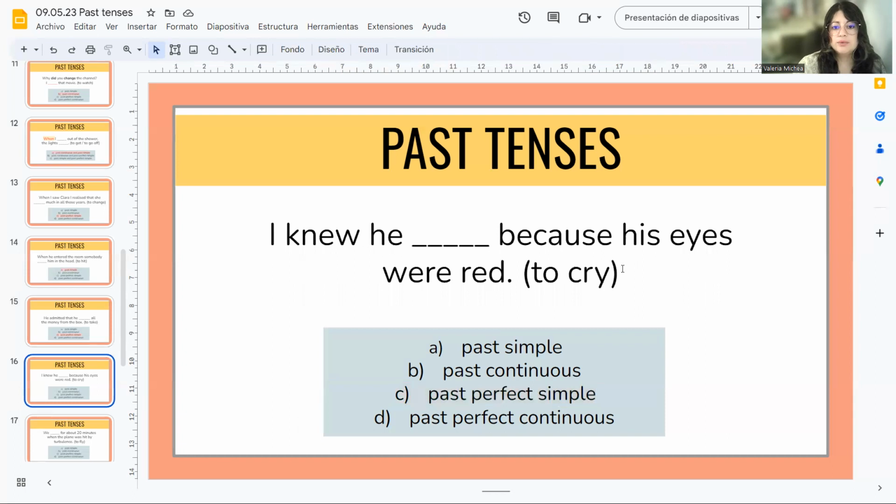We have, I knew he cried because his eyes were red. Let's see how it goes with this one. Let me relaunch. And again, let me show you. We have one action that's happened, and then something else, which is cry.